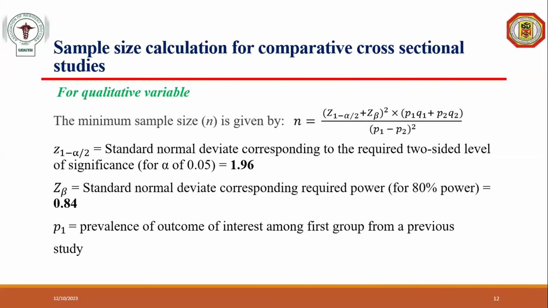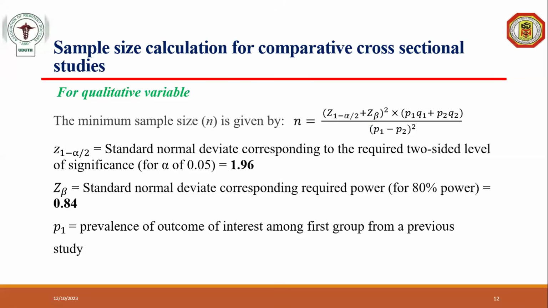Now, if you want to conduct a comparative cross-sectional study, a cross-sectional study among two different groups where you want to compare these groups, for example, between rural and urban populations, you want to know the difference between rural and urban, but in a cross-sectional study. That is what we call a comparative cross-sectional study.